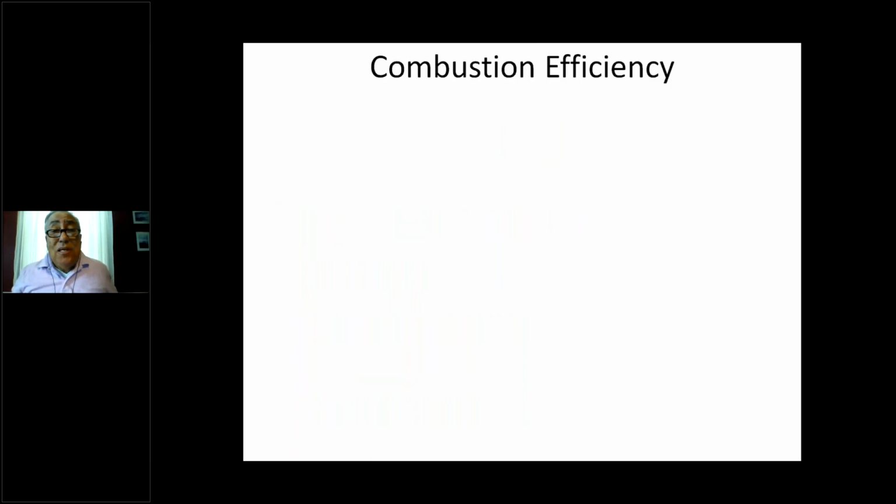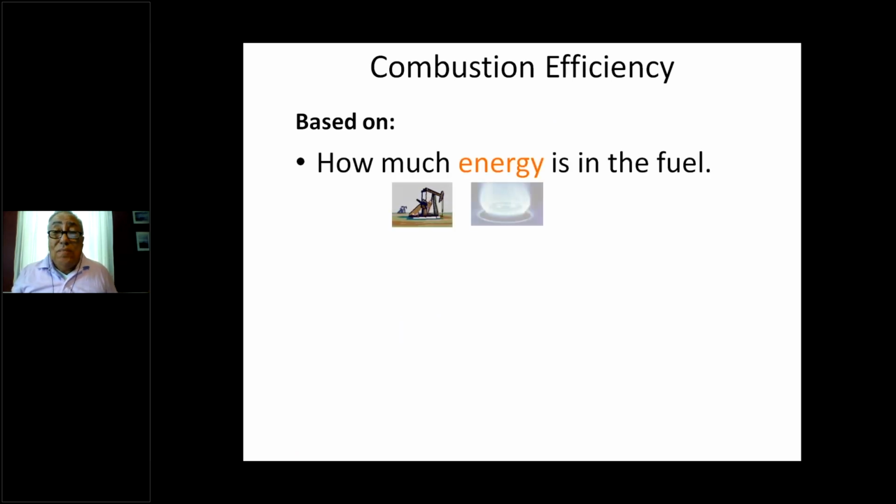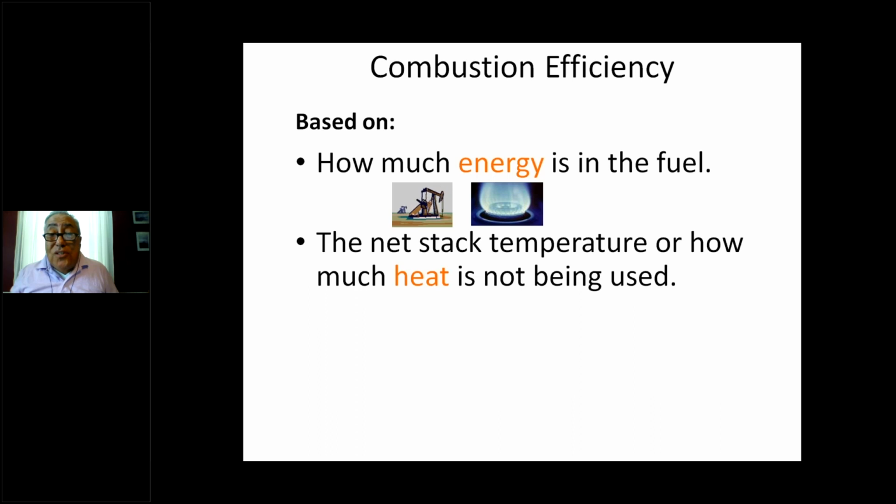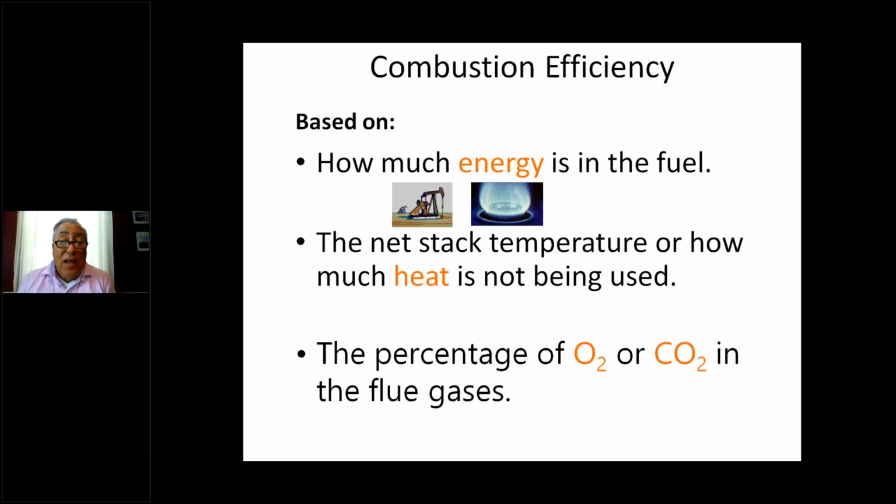Efficiency is based on how much energy is in the fuel and how much is not being used, and that's where your net stack temperature comes in. How much of that energy in the combustion process is being absorbed by the appliance, and how much is going up the chimney. And then finally, it's the percentage of O2 or CO2 in the flue gas.